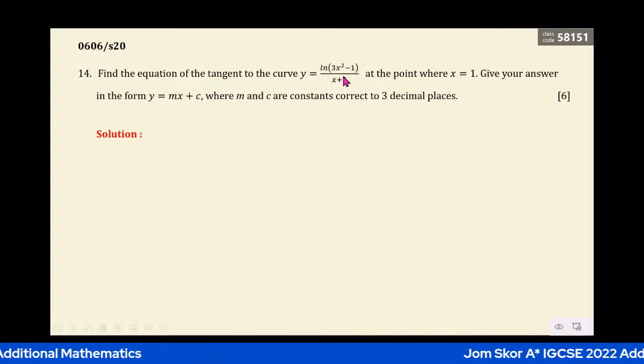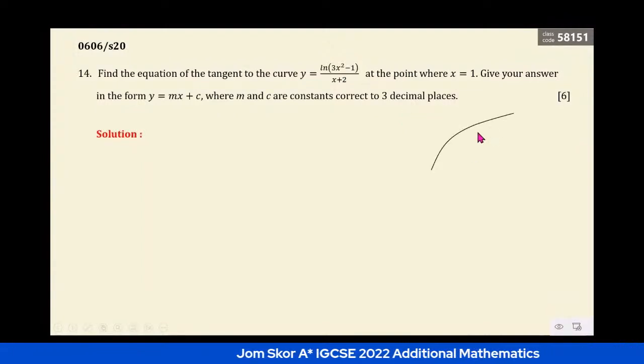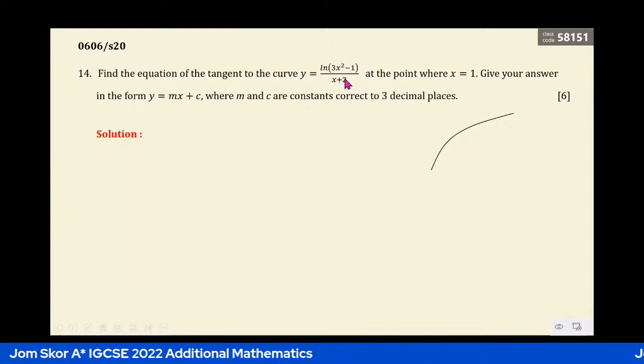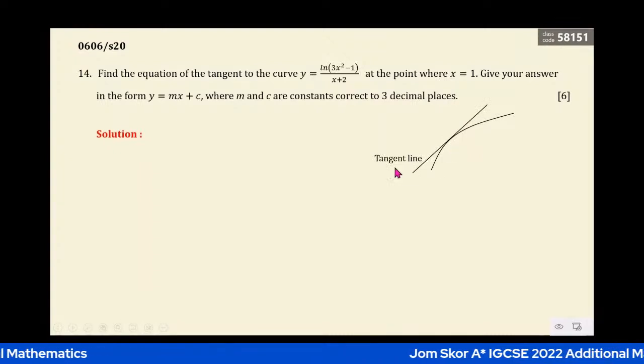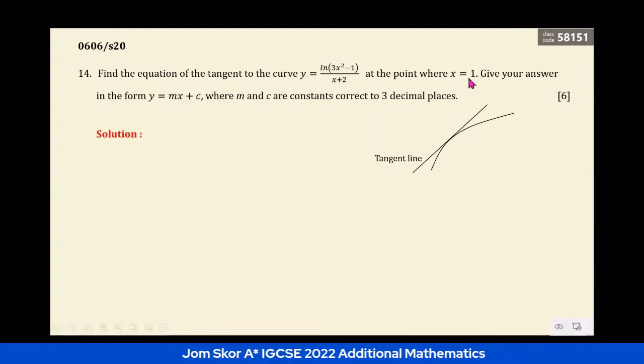Let's say this is the curve y is equal to ln(3x square minus 1) over (x plus 2), and we have one straight line which is the tangent line to the curve at the point where x is equal to 1.